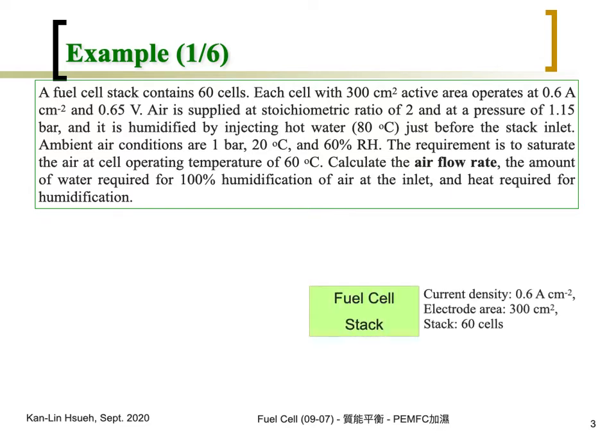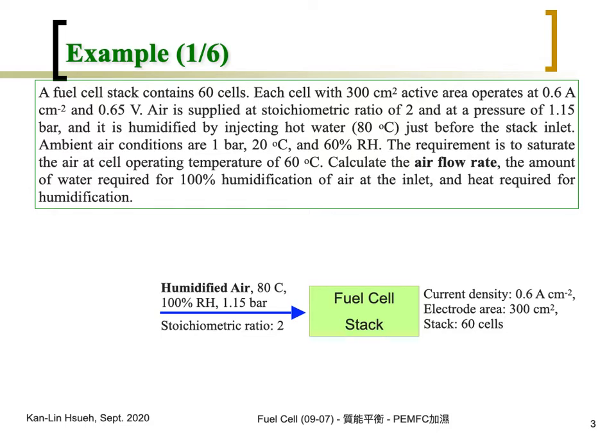For a fuel cell stack, the current density is 0.6 A per centimeter square, and the electrode area is 300 centimeters square. This stack has 60 cells connected in series, and then the humid air will be coming out.